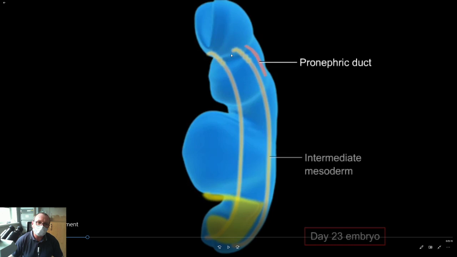Nephrotomes situated at the level of cervical somites don't develop into functional units in the human embryo, but they are important for the further development of the urinary system because they form a very primitive kidney which is called pronephros.